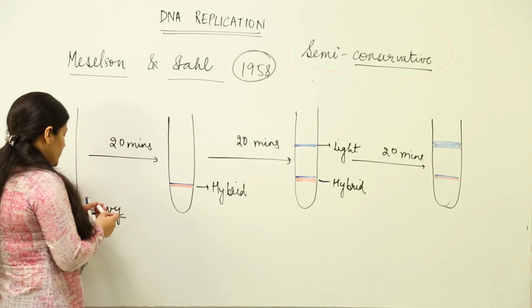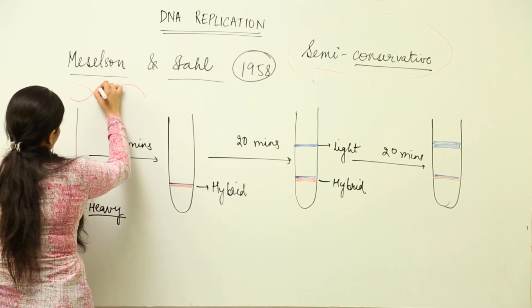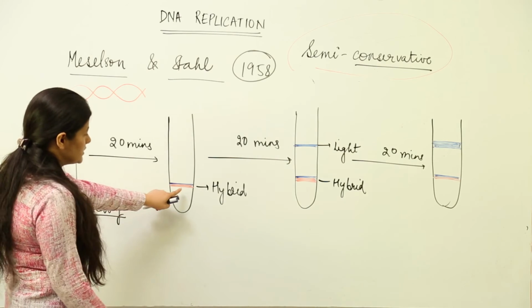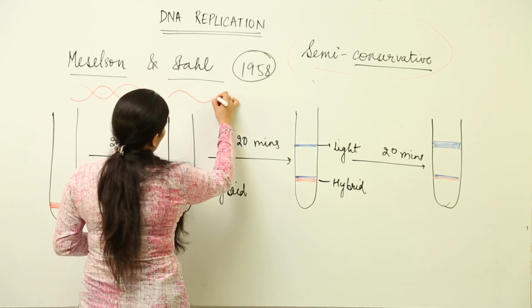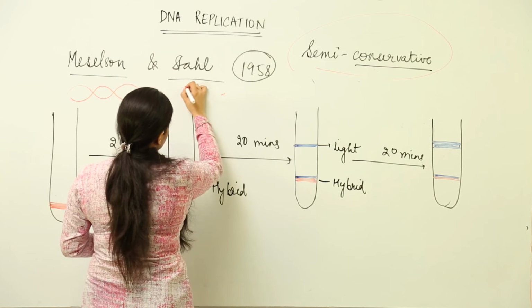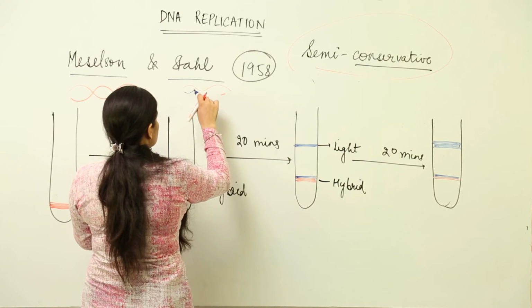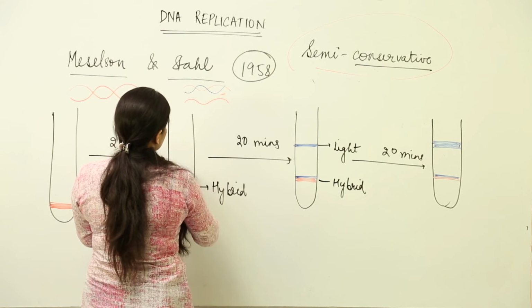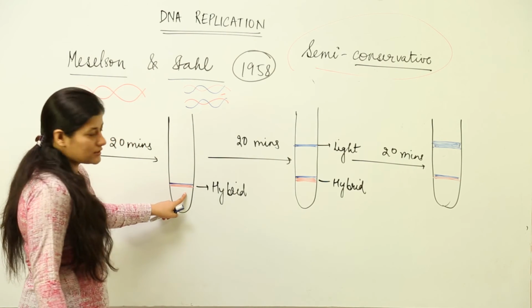Now, supposedly initially this was the radioactive DNA. As a result of semi-conservative replication, hybrid is formed. So, one strand stays like this, while the new one is non-radioactive. The previous one stays like this, while the new one is non-radioactive, and hence the hybrid.